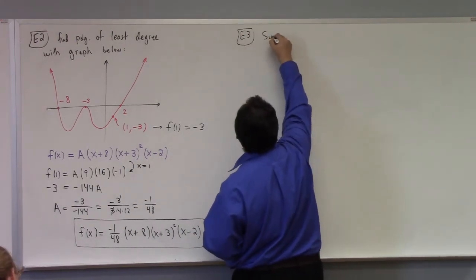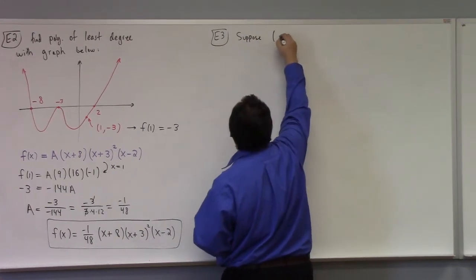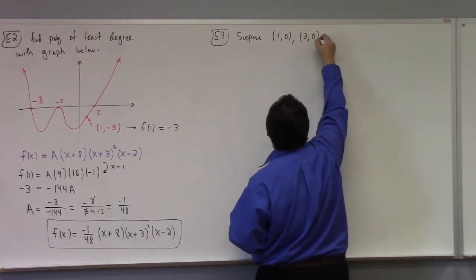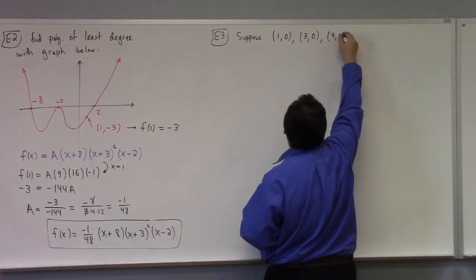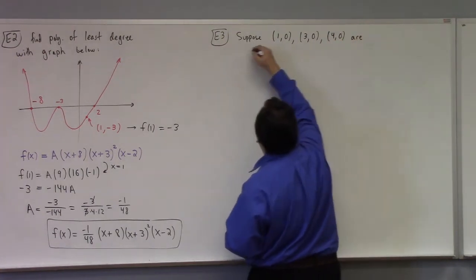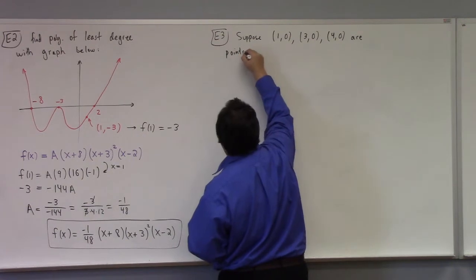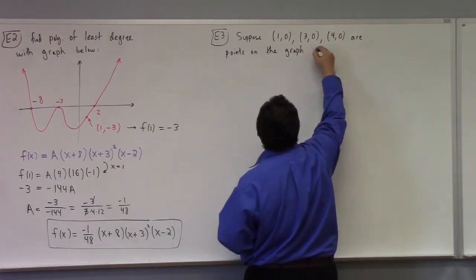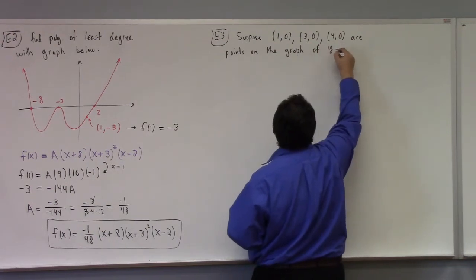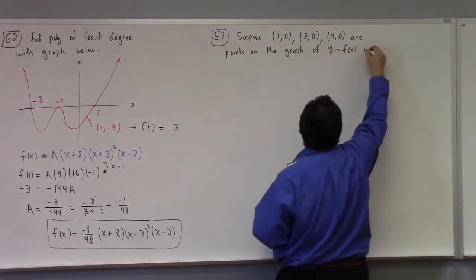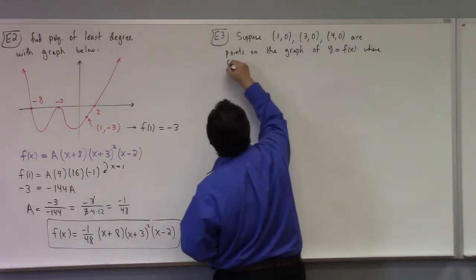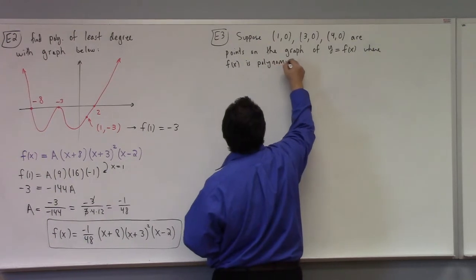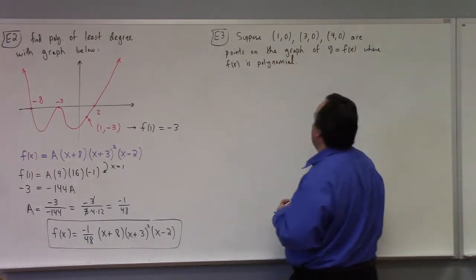Suppose 1 comma 0, 3 comma 0, 4 comma 0 are points on the graph of y equals f of x, where f of x is a polynomial.